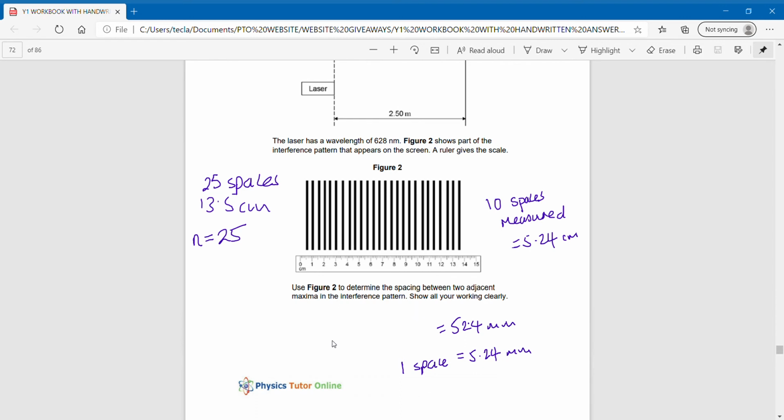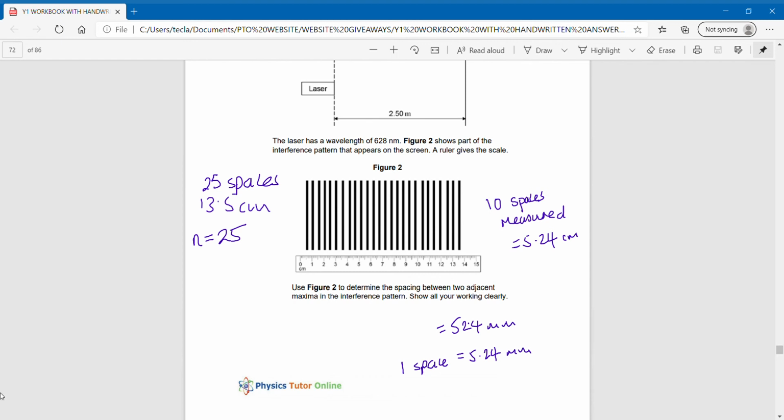So in this question, you've got to measure more than 1 spacing to get a more accurate result. So if 10 spaces are measured, then we would have a measurement of 52.4 millimetres. Divide that by 10 to get 1 space, 5.24 millimetres.